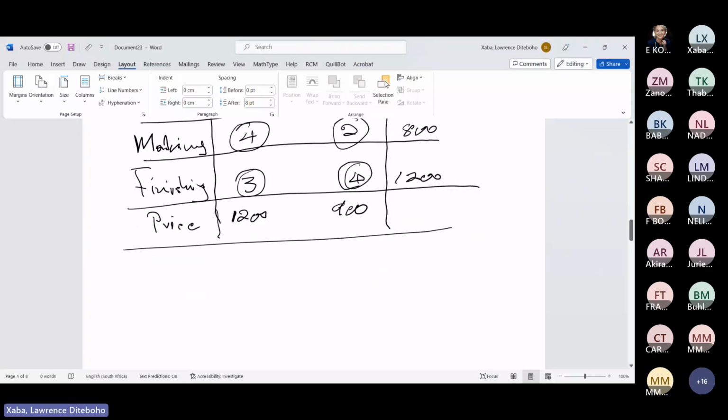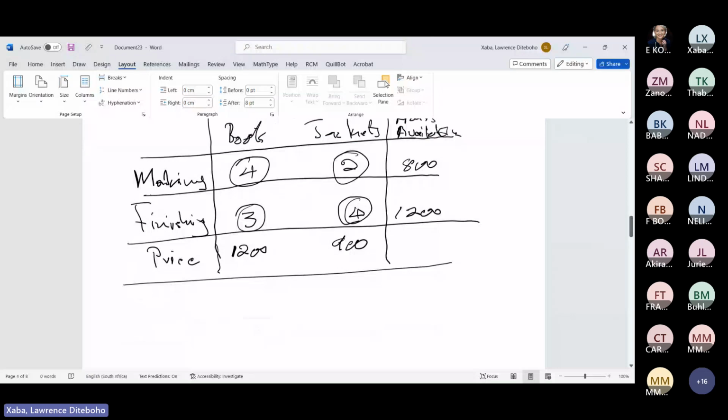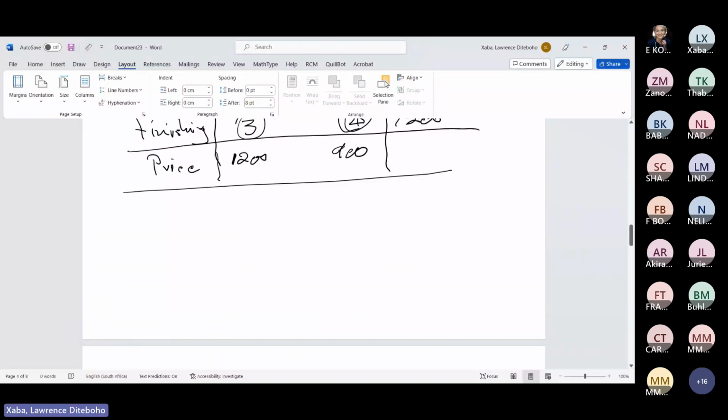So now we have this information and we are saying we are maximizing. So when we are maximizing, you can use P, it's still fine, or you can use max. Like I was explaining earlier on, P represents profit, which we are maximizing, it is one and the same thing.